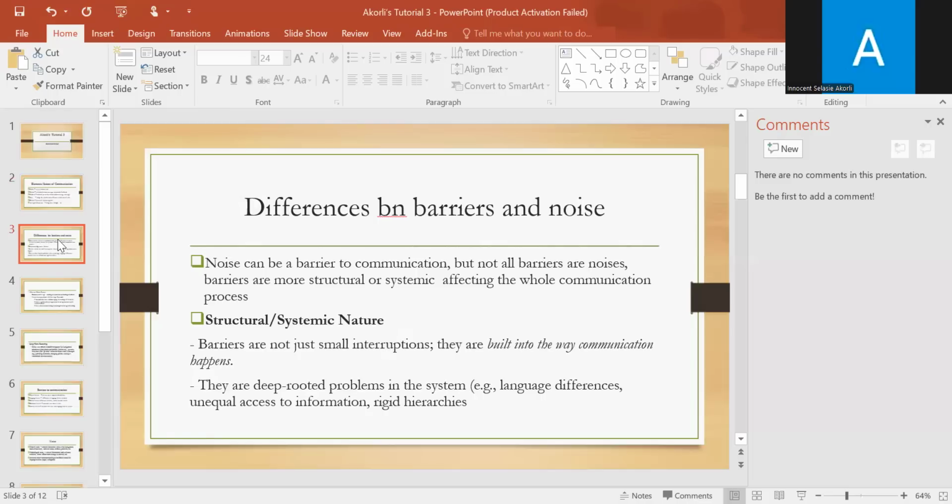They are more permanent. This suggests that noise could be temporary. So barriers are more structural or systemic, affecting the whole communication process. What this also means is that noise may not affect the whole communication process.